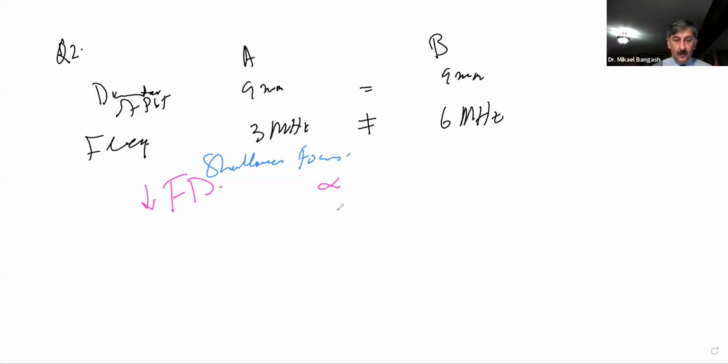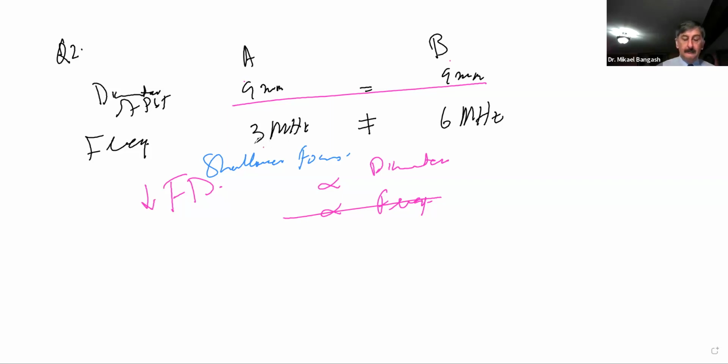And we said focal length and focal depth were directly proportional to the diameter and the frequency. Now, since the diameters in both of these are the same, that's not going to determine the focal depth when we compare the two. Had it just been the diameter of the PZT, they would both have had the same focal depth.